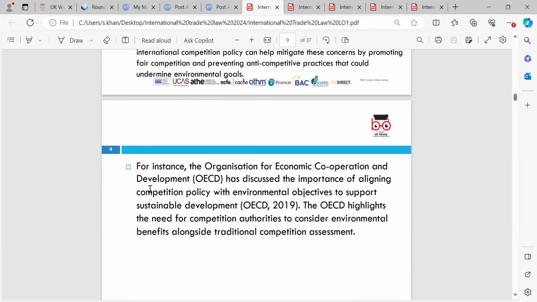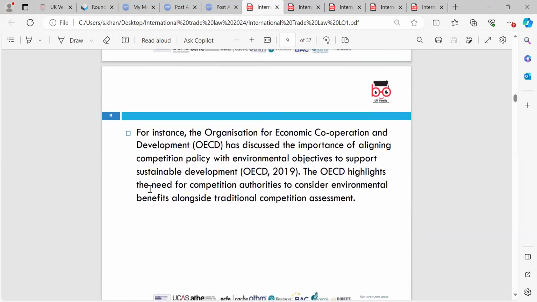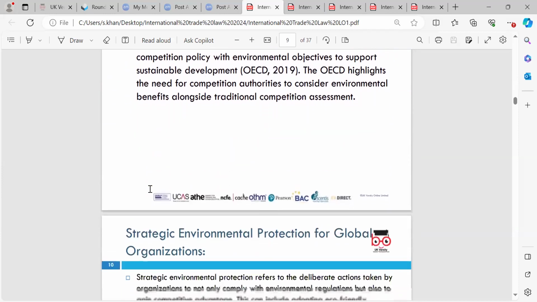We then looked at the Organization for Economic Cooperation and Development, OECD, who has discussed the importance of aligning competition policy with environmental objectives to support sustainable development, which was in the OECD report 2019.